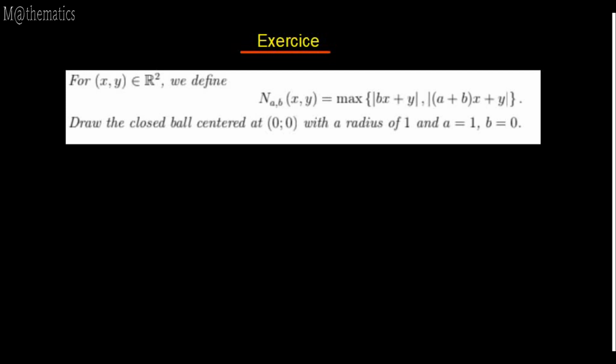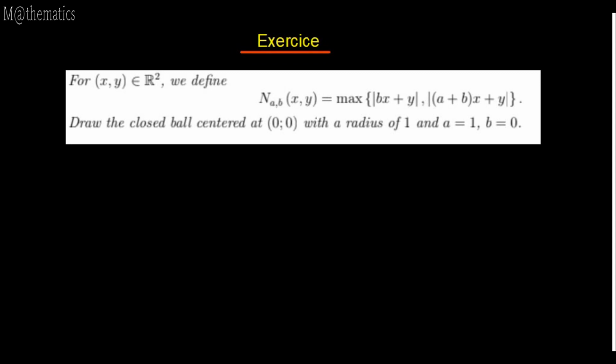In this video we will see how to draw the unit ball of a norm which has a max. In this case we are taking a equal to 1 and b equal to 0.